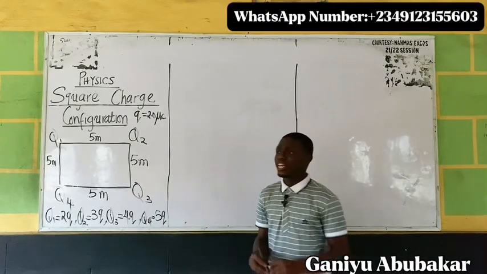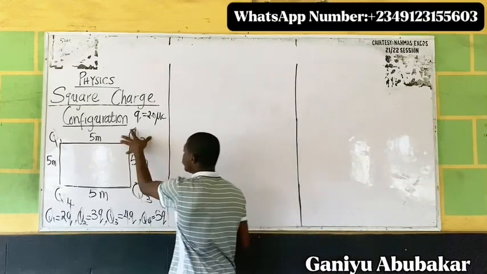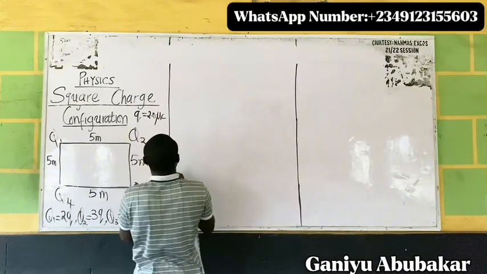Let's now solve. The question says find the resultant force on the charge Q2. That's your Q2, that's F2 resultant.